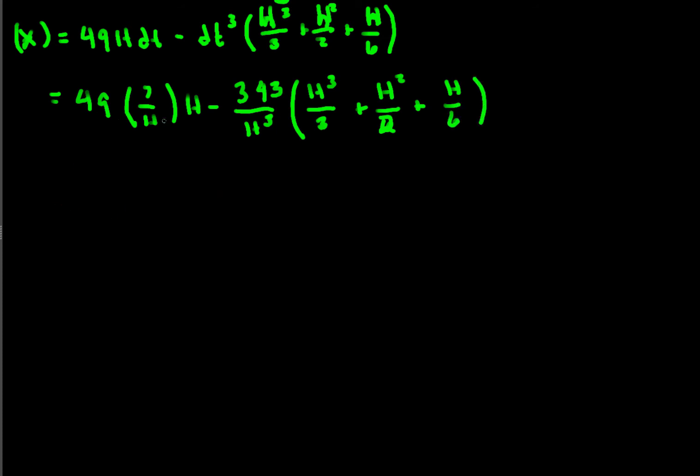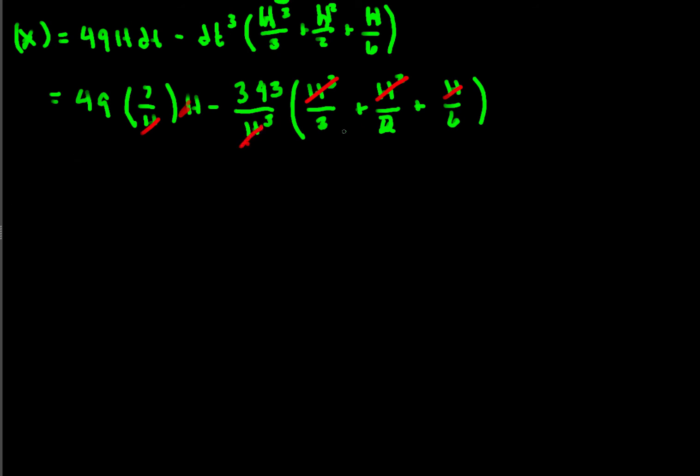Now here, the h's will cancel. So I've got an h here and there, so they cancel. Here, this cube will cancel with that cube. This cube will cancel with that, leaving an h in the bottom, and I'll get that canceling there. So I've got canceling going on.